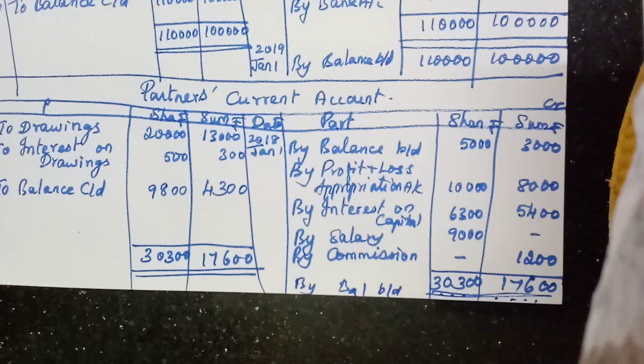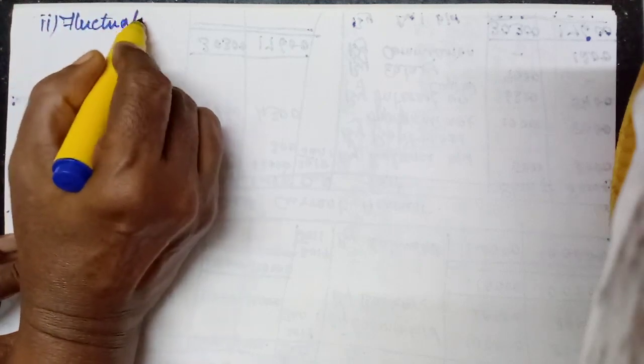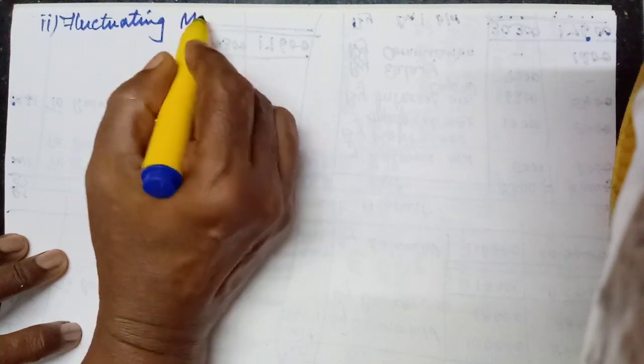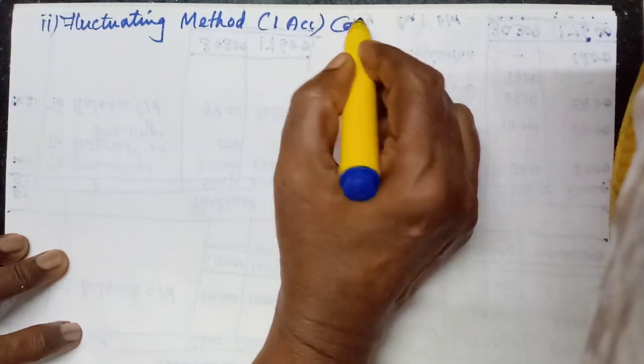That was the preparation of capital accounts under fixed capital method. Now we will see the fluctuating capital method. In this second method, fluctuating method, we have only one account. What is it?